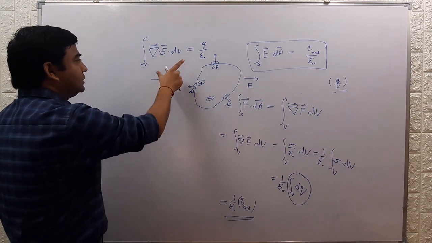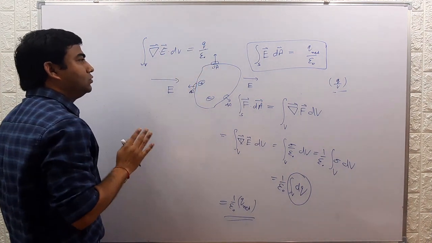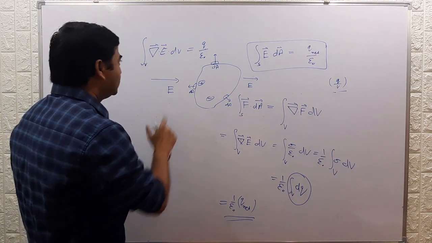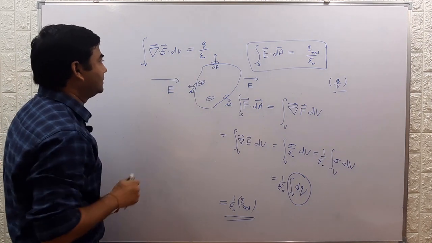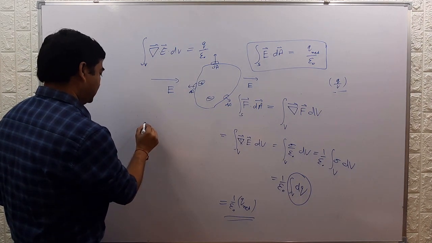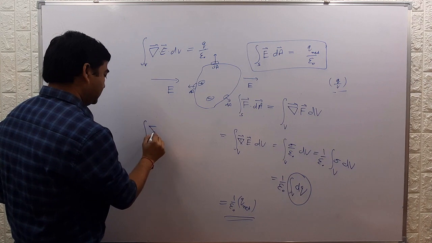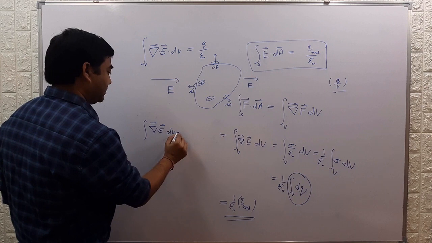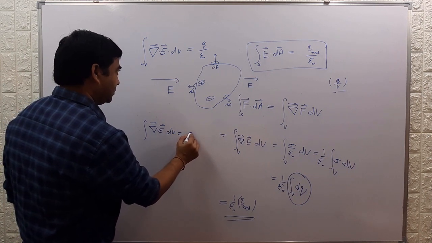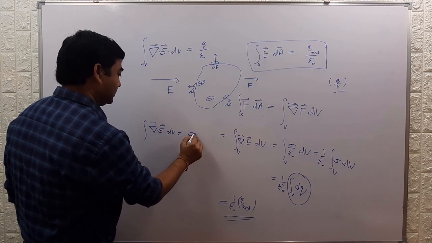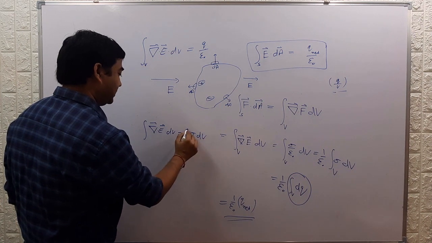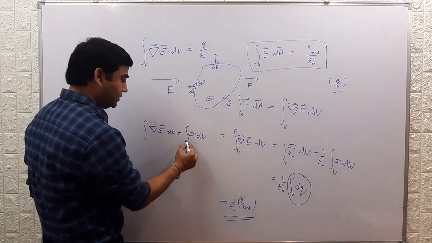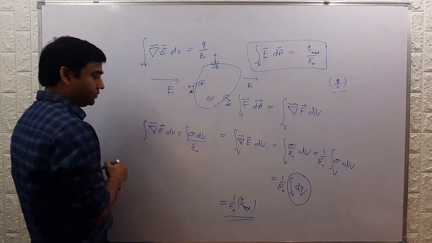Always remember, Q net is the net charge surrounded by the volume. So this can again be written as the integral of divergence of E dV equal to the integral of sigma dV, where sigma is the charge density and dV is the volume, divided by epsilon 0.